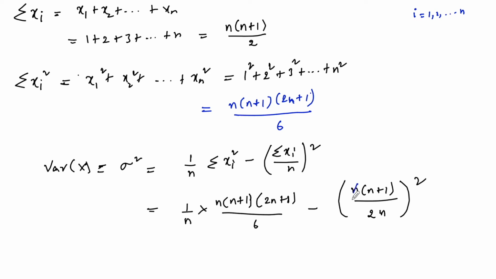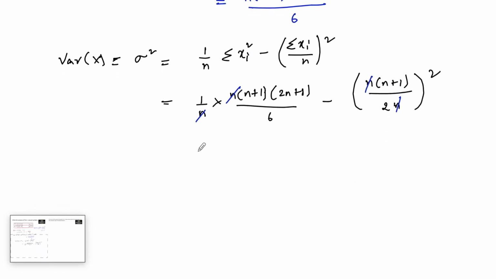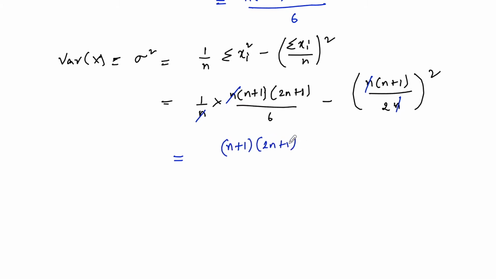So we can cancel here n and n, and here also n and n get cancelled, which implies n plus 1 into 2n plus 1 upon 6 minus n plus 1 whole square upon 4.